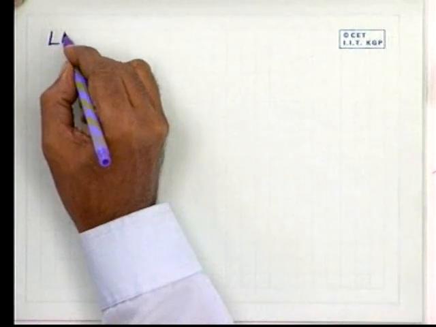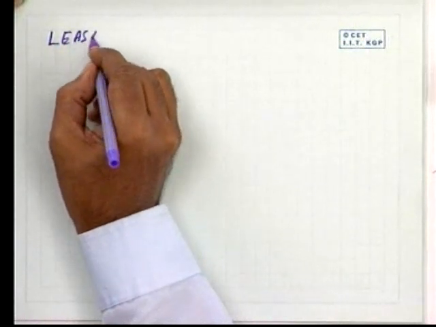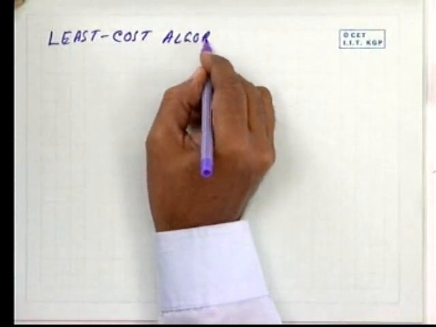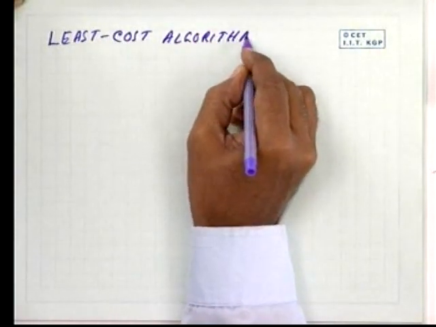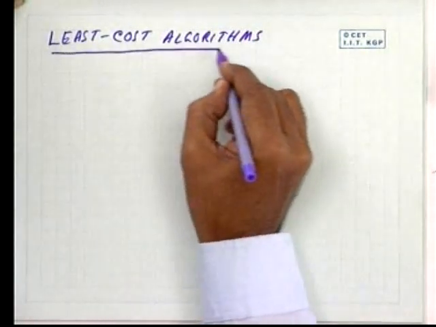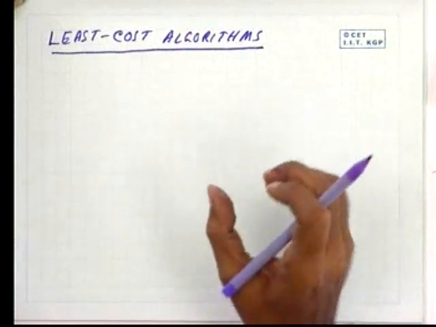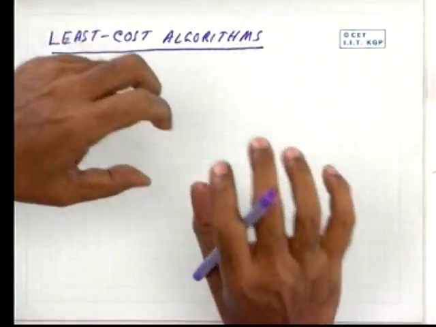Let us consider the least cost algorithm which can be used for the purpose of making that routing table. There are two basic approaches.